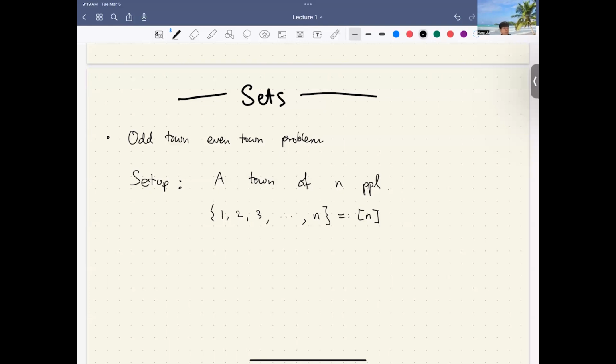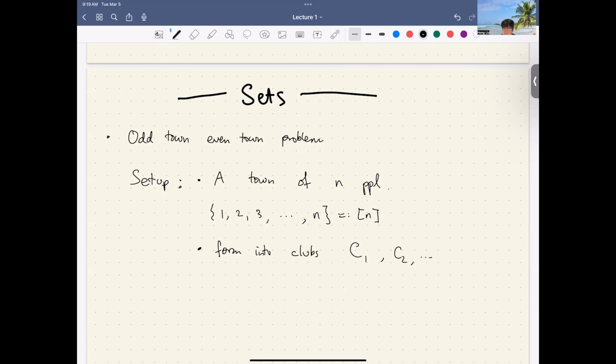So we have a town of n people, and they want to form some clubs according to different hobbies. Some people like to play football. Some people like to play basketball. Some people want to listen to music. Some people like movies. So they form into movie clubs, football clubs, different clubs. Let's call the clubs C1, C2, and so on.